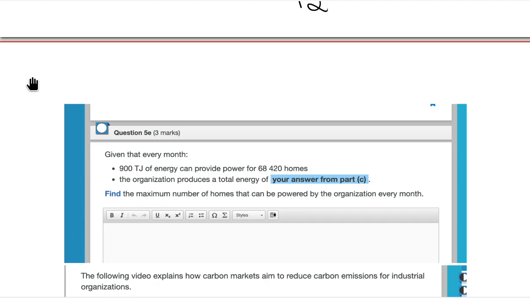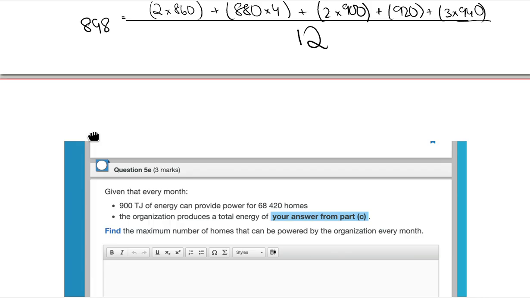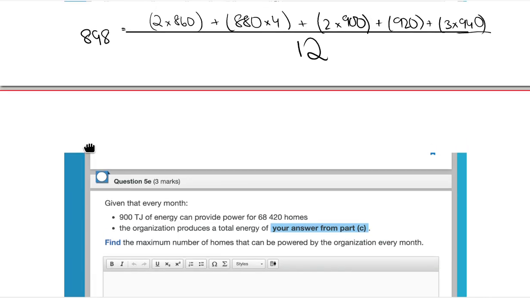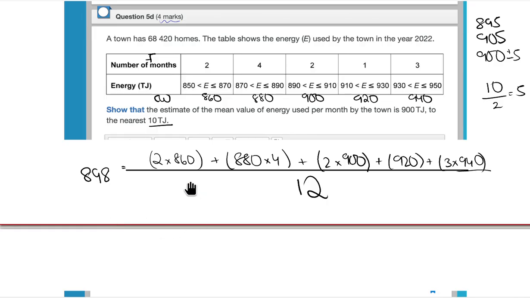So there are 68,420 homes in that region. And each and every house uses an energy of roughly 898. Okay, let's not consider 898, let's consider 900 directly as the one that was given in the question.